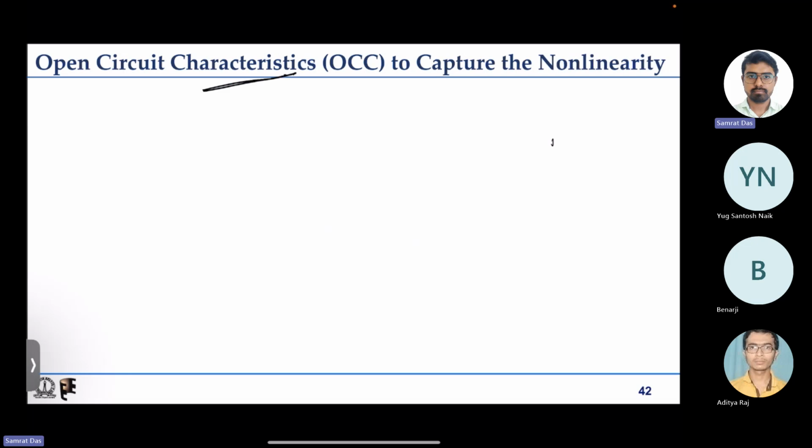some characteristics. Let us see what we mean by linearity and nonlinearity. If we have two variables, here obviously this flux per pole is a variable that depends on the field winding current, so the flux per pole and the field winding current are two variables.